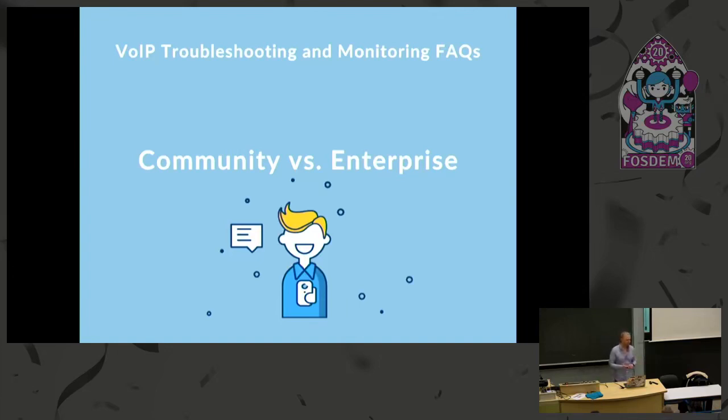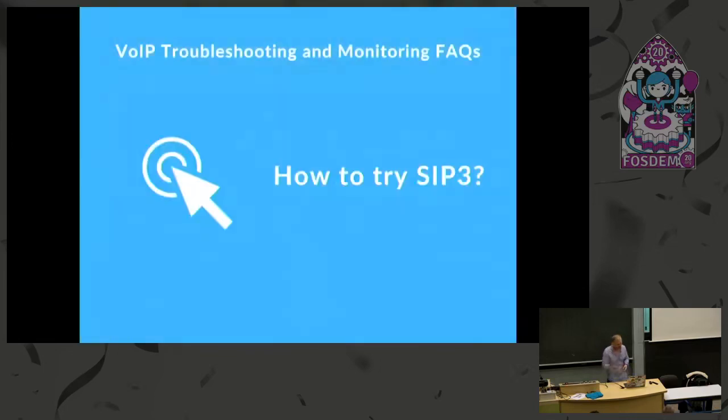We provide only RTCP if we talk about media quality of service. But also in the enterprise version, mostly we provide support, because systems like SIP3 are not that easy to set up, and sometimes you just need some help, which we are always ready to give you in our community channels, but at the same time, we can provide it as support.